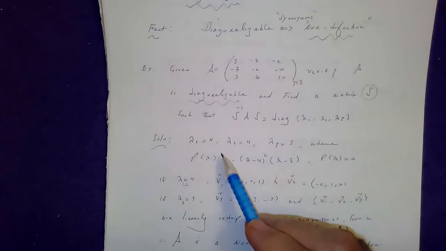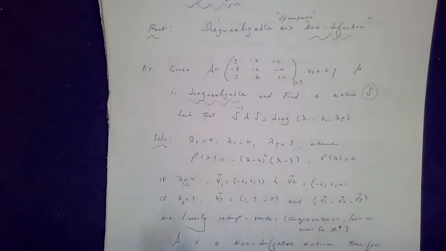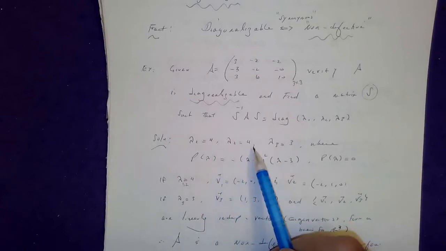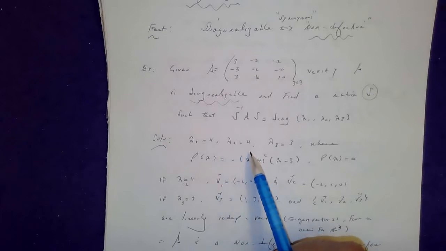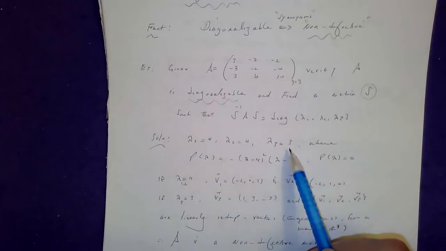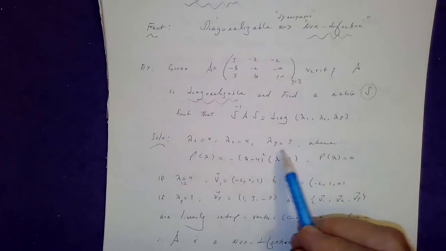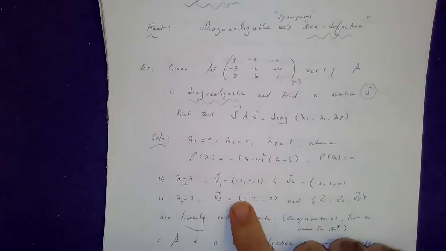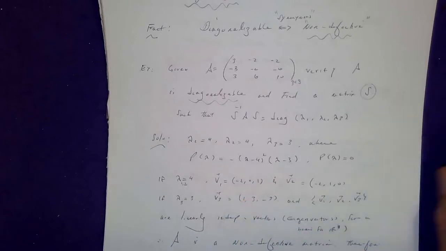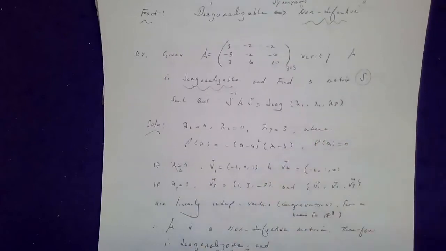In other words, you have 3 eigenvalues, but the first 2 look alike, so that would be 4 with multiplicity 2, and 3 with multiplicity 1. Remember, the multiplicity of eigenvalues is called algebraic multiplicity.